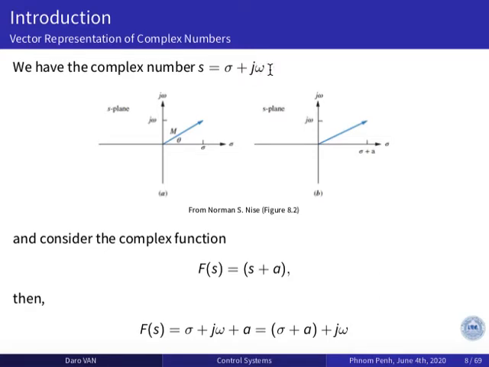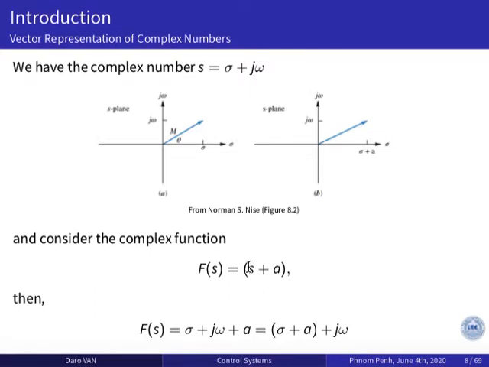This, described in a Cartesian coordinate, can be graphically represented by a vector shown in this figure with the angle beta and the magnitude M. If we consider this complex function and substitute this s into this function, graphically it is shown right here.